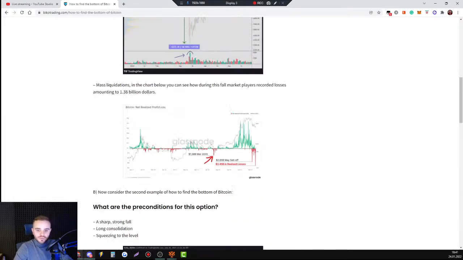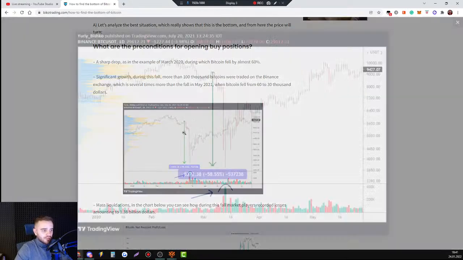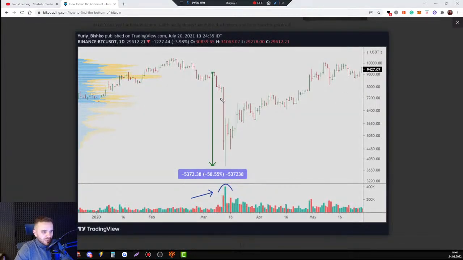Why is it so important for us? Because of how liquidation works. People that bought Bitcoin, like in this example, at 9,000 or 10,000, bought with leverage. Imagine you bought Bitcoin at 9,000 with double leverage, 2x, and the price went down to 4,500.